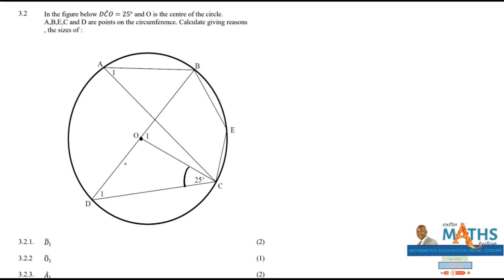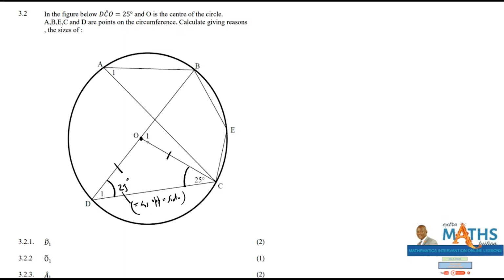Check for a diameter, right? OC is a radius. OD is a radius. It means if this is 25 degrees, then this will also be 25 degrees. In short, you can say equal angles, opposite equal sides, just to remind yourself.